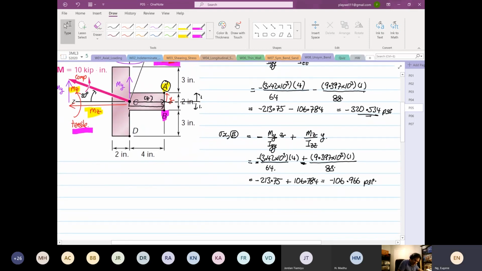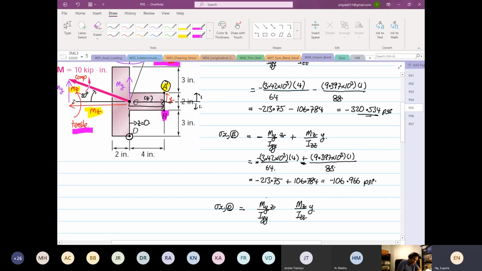Now next we're going to look at point D. The angle is still the same. Stress X at point D. Only some geometries will change. So again, you will just write my over Iyy z, and then mz over Izz y. If you look at point D now, in terms of z direction, the z is equal to 0, because point D is smack down on the centroid.